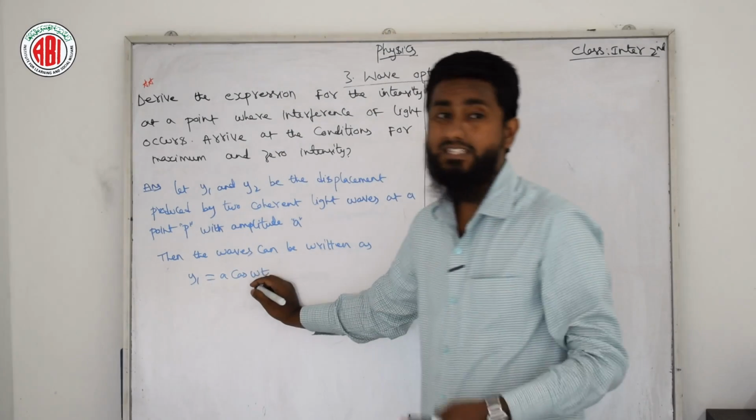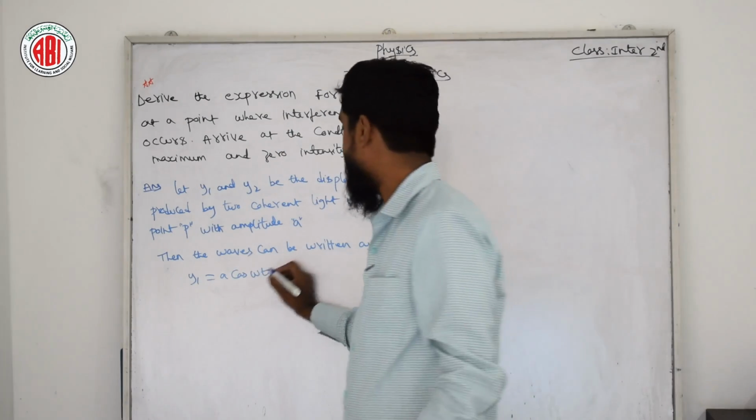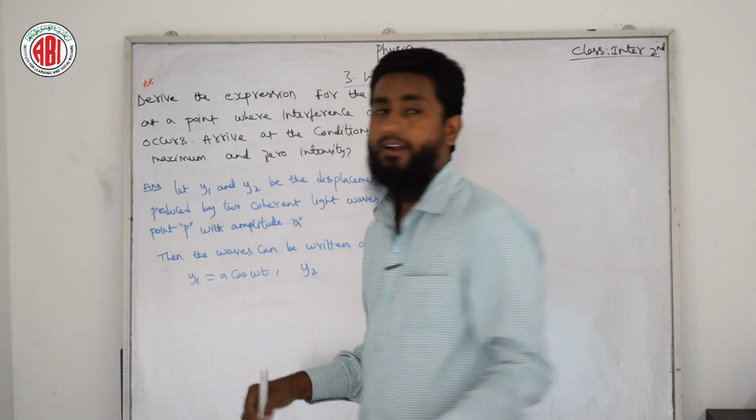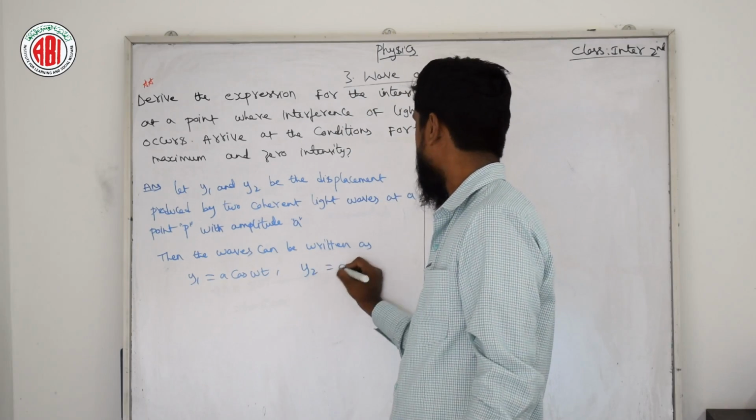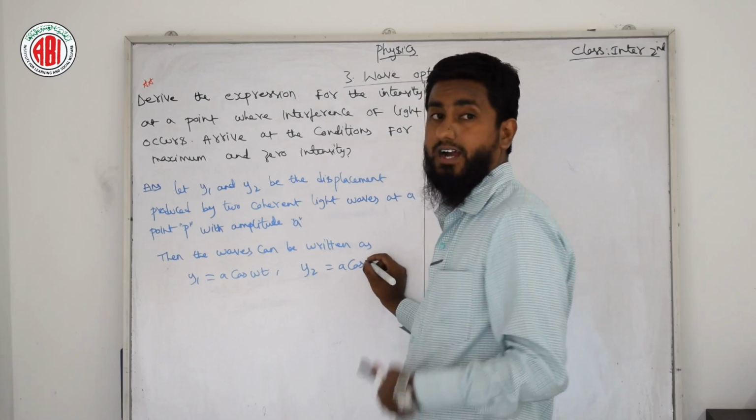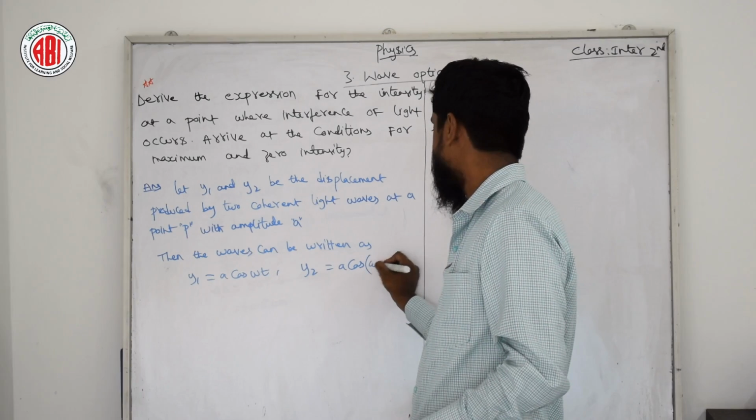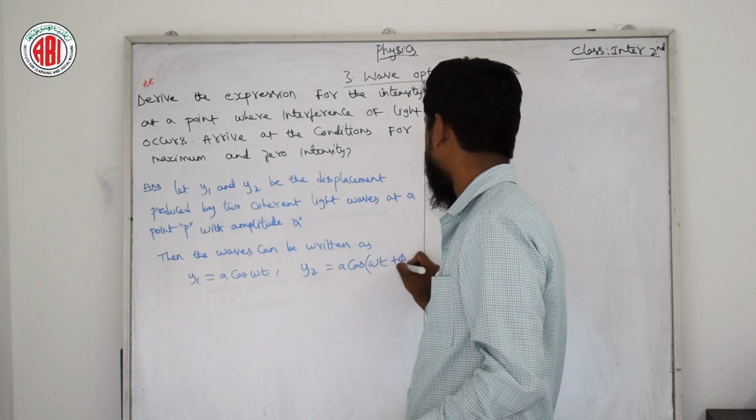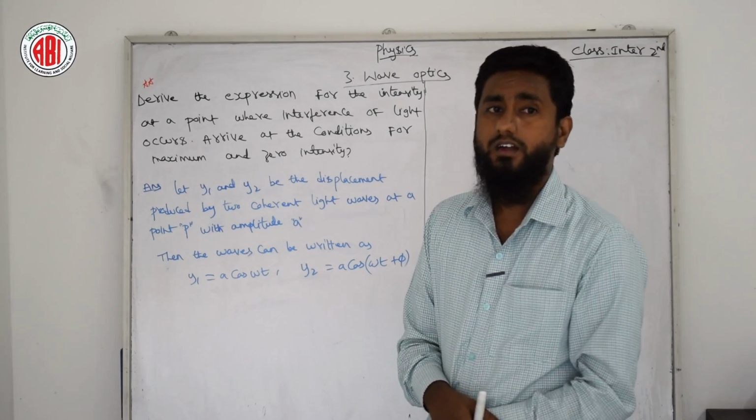Here this is not a w, this is an omega. And y2 we can write as A cos(ωt + φ). This is a similar expression to what we already did in chapter number 1, waves.